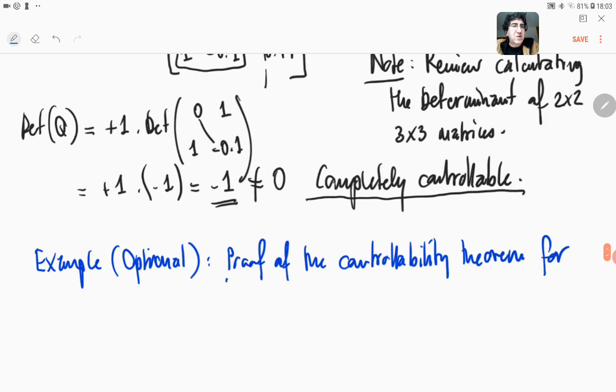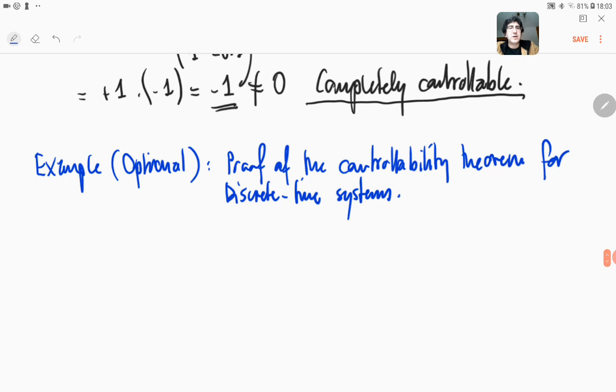For discrete time systems. In fact, if you, in your next year, take the discrete time control lectures, like for example 402, you will see this in detail, but this is still very intuitive.